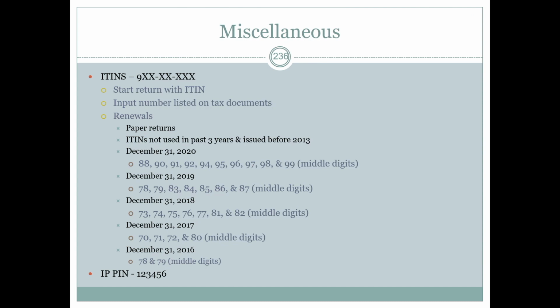Your site coordinator will give you some additional ITIN information if needed, if you are preparing one of those tax returns. So just taking from here, understanding an ITIN, it starts with the number 9. And you will start that tax return with that number. But then when you go to the source document, enter the number that's listed on that source document.